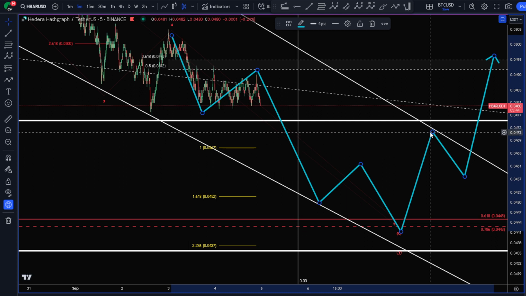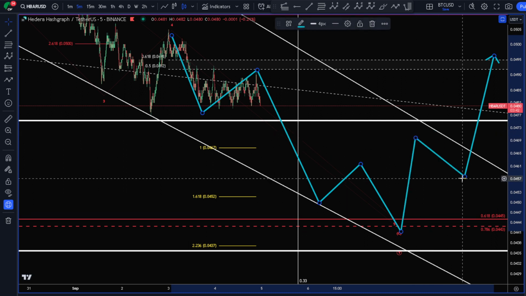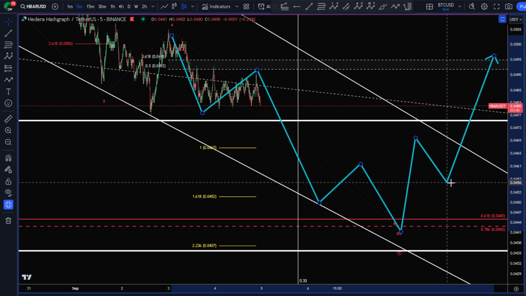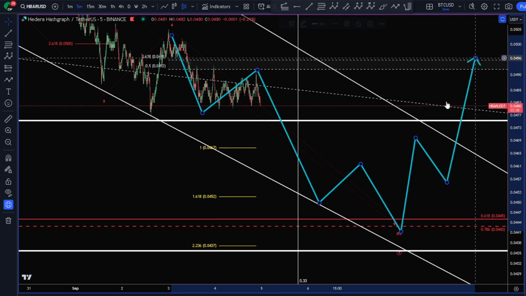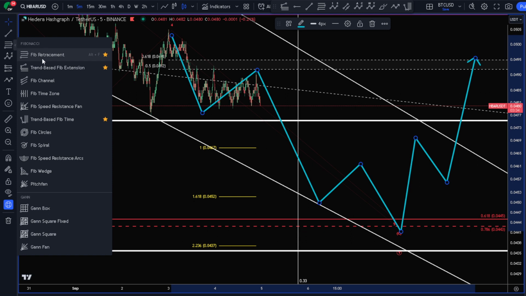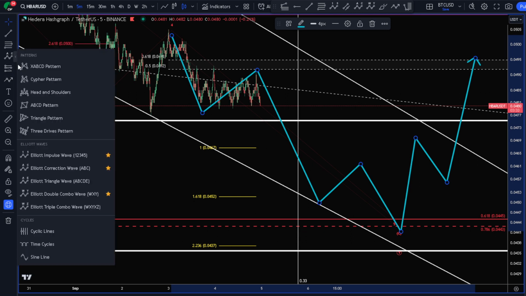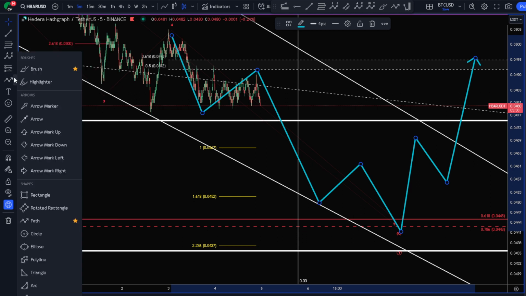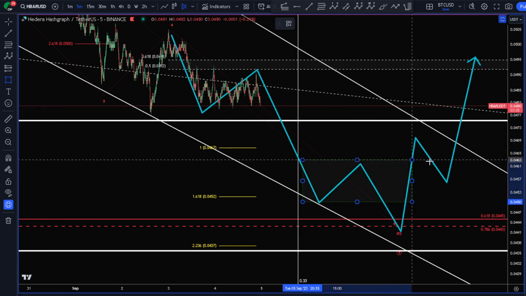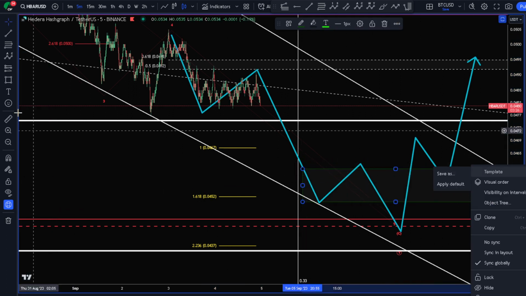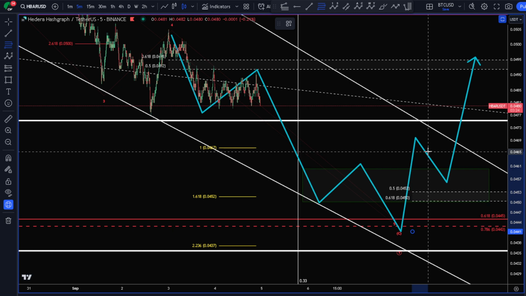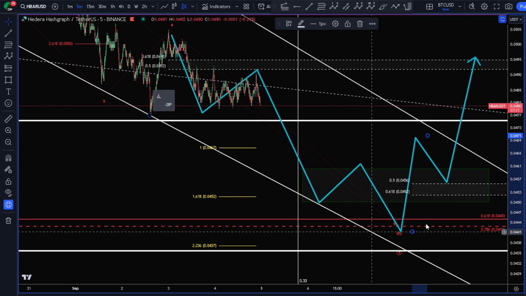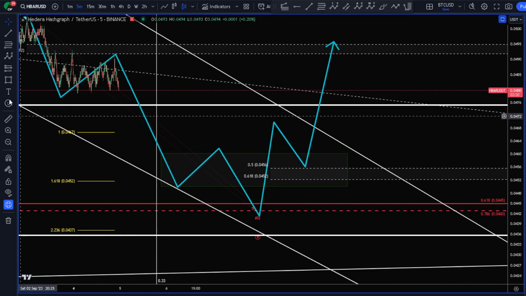I want to see us explode out of it pretty hard, like a V cut, and then find support at that level to take my entry at around the 618 of that up move, whichever one it is. So we'll be looking for support in here, looking for the 618 of this for my entry, stop at the low. So that's what I'm looking for this week, guys.